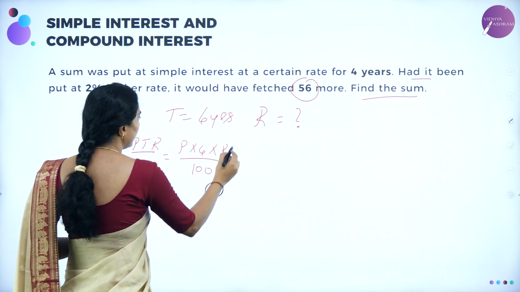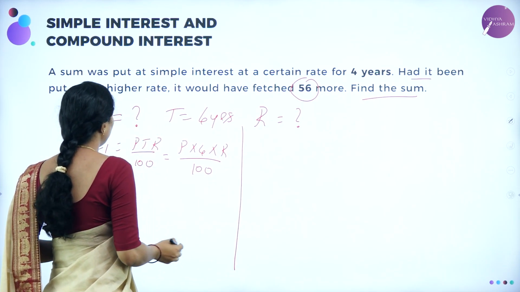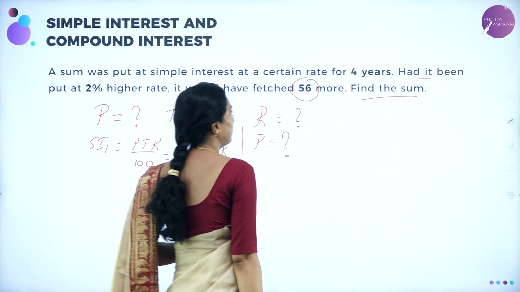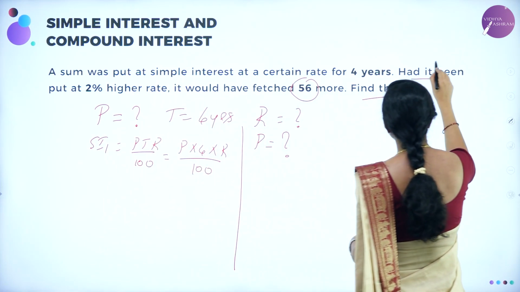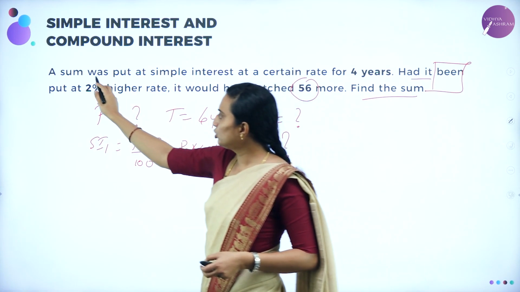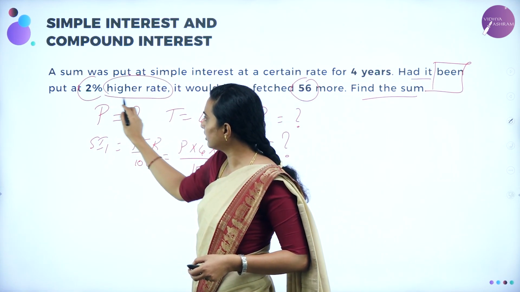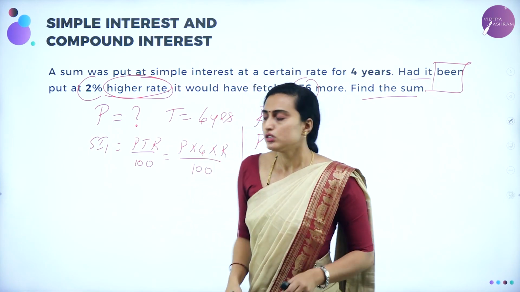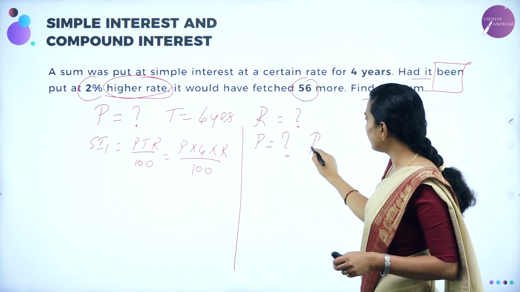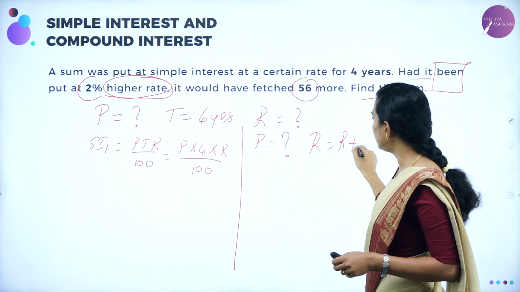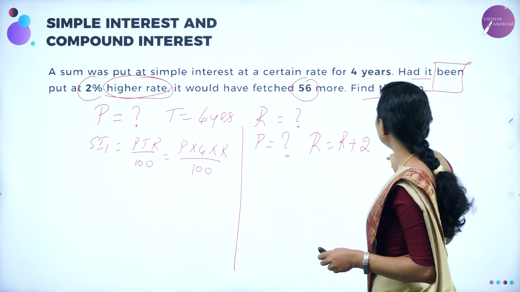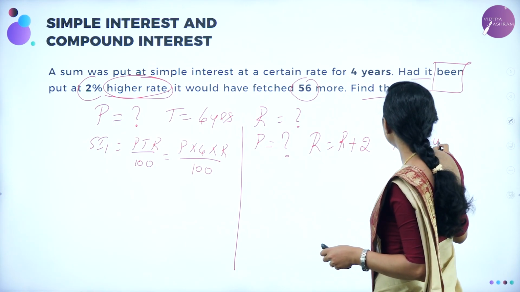Next, had it been put at a 2% higher rate, 2% higher rate means R will become R plus 2. So R will be equal to R plus 2. T is the same 4 years.